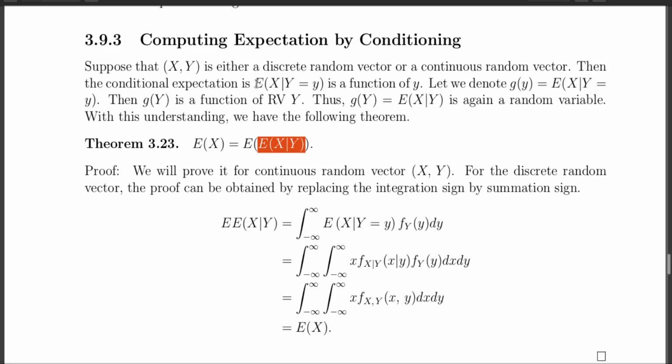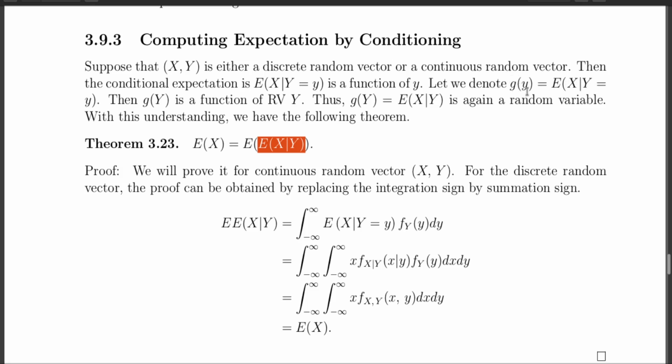That is what I have written here: the conditional expectation of X given Y is a function of y. If I call that function g of y, then depending on different values of y, this expectation takes different values.